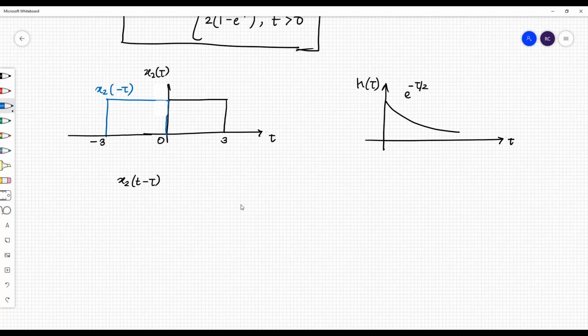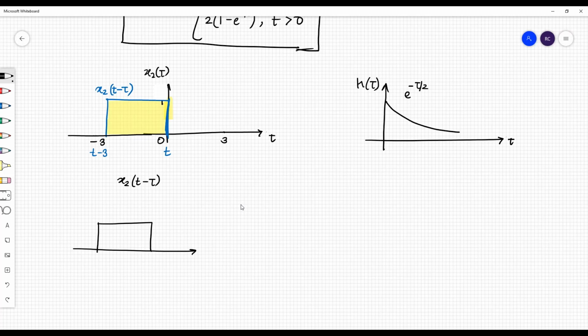That means if I was to now shift this whole block by an amount t, right? As if this edge, this leading edge of this pulse, this is at 0. So if I had to move this whole thing by an amount t, that means this 0 will actually now go to t, and this 3 will now go to t minus 3. Okay, that means my x2 t minus tau looks like something like this.